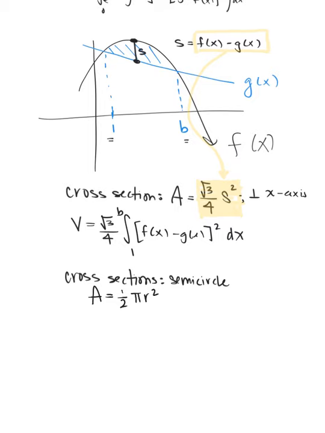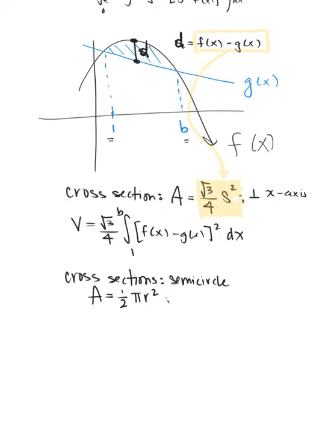So when we take a look at that same picture above, the difference here is that instead of that being S, that is actually going to be diameter, right? So when I take a look up here, I have to say, okay, this is no longer the side of a triangle. This is now my diameter, right? So that would be the edge of that semicircle, so that would be my diameter.